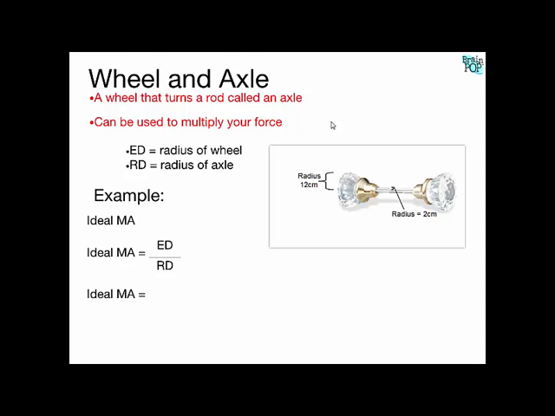You're losing the mechanical advantage that that wheel gives you. So to calculate it for this example, our ideal mechanical advantage would be the radius of the knob part, 12 centimeters, divided by the radius of the rod, 2 centimeters. This would give us a mechanical advantage of 6.